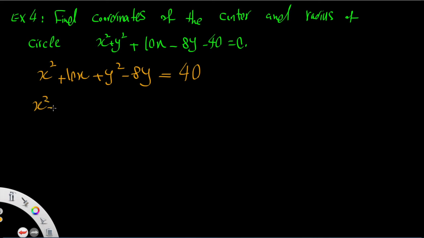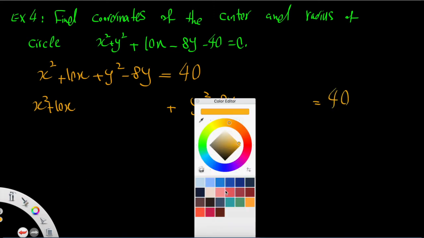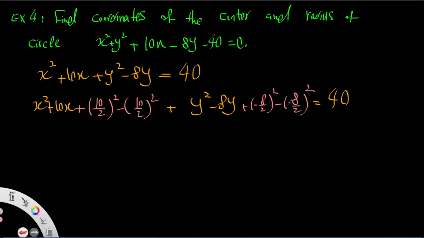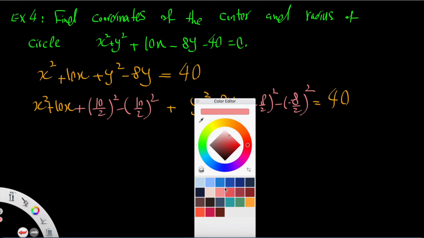So it will be x squared plus 10x, I leave some space, y squared minus 8y, some space to add and subtract terms needed to make a complete square. So 10 over 2 squared is added and subtracted, minus 8 over 2 squared is added and subtracted.